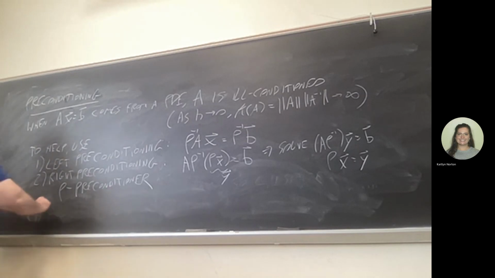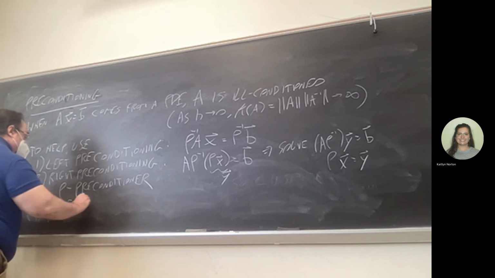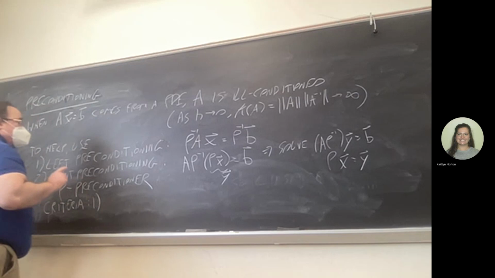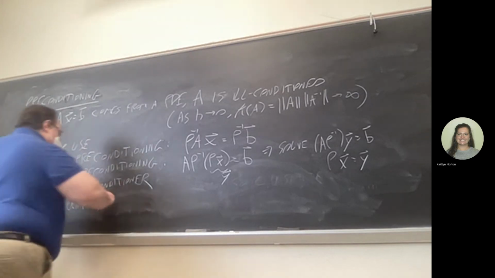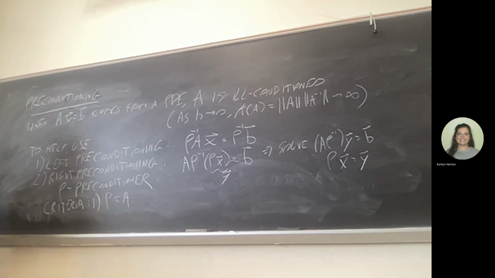So here are the criteria. So first, you want to choose P so that when you multiply with A over on the left or right, the resulting matrix is approximately identity. So you want P to be a decent approximation of A. So that either one of these would give you a matrix that's closer to identity.